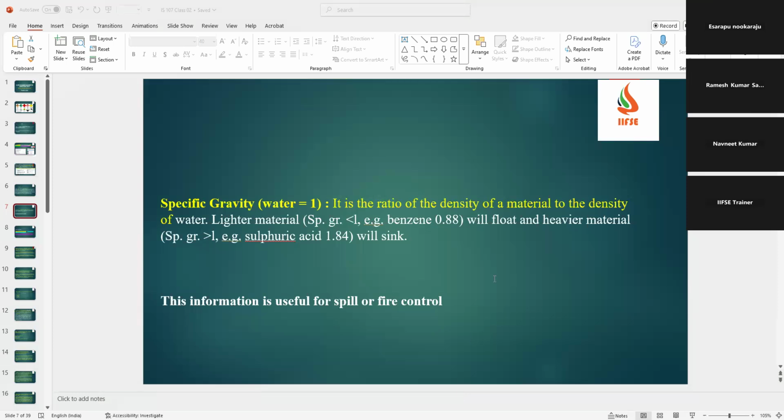How is it linking with specific gravity? Any example? Maybe okay, fine. No worries.